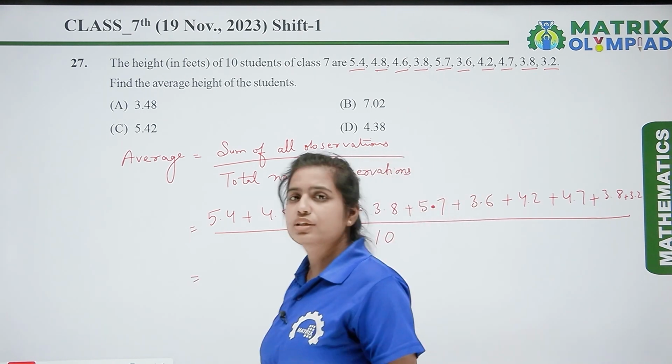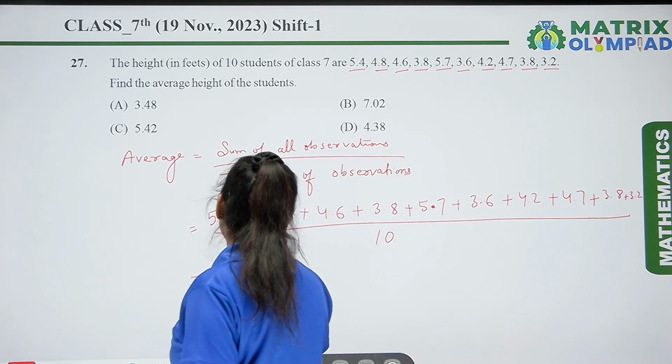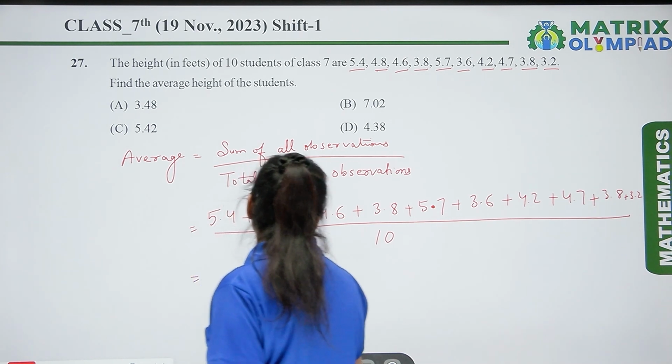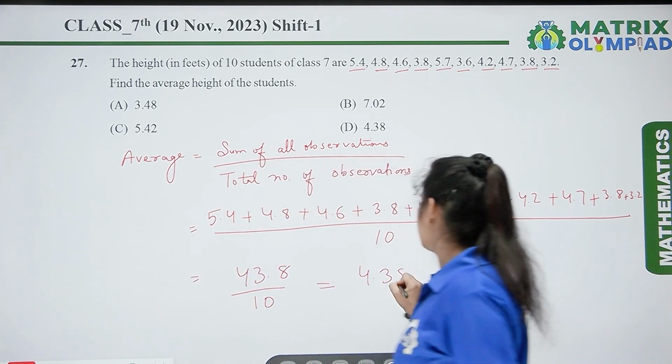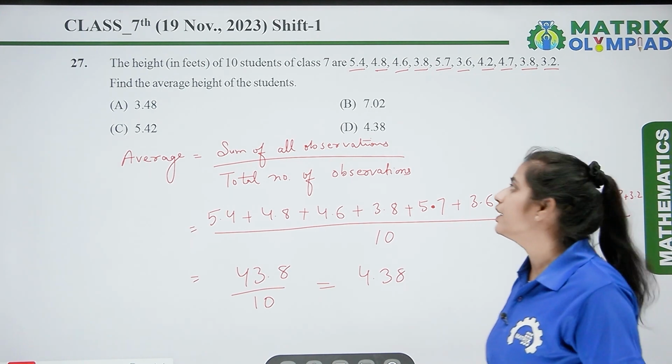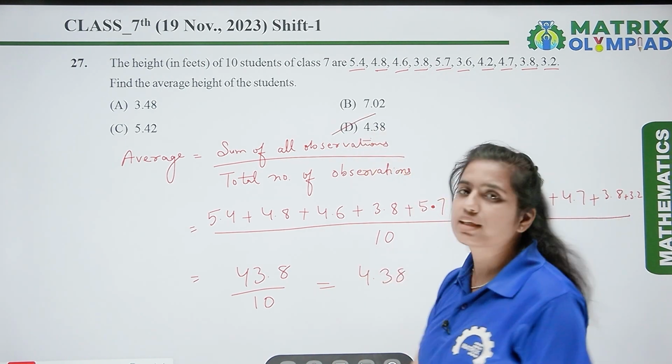So after doing the sum, we get 43.8 upon 10. So after calculation, we get 4.38. So here option D is the correct answer.